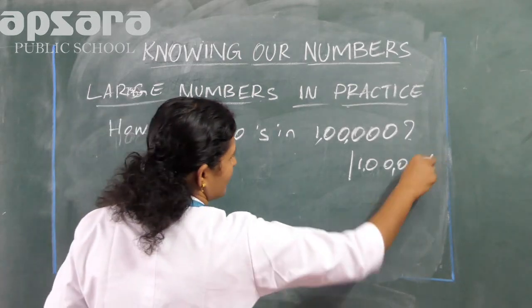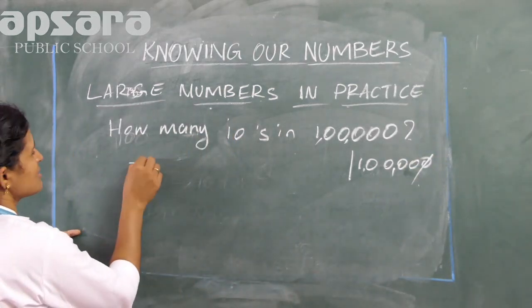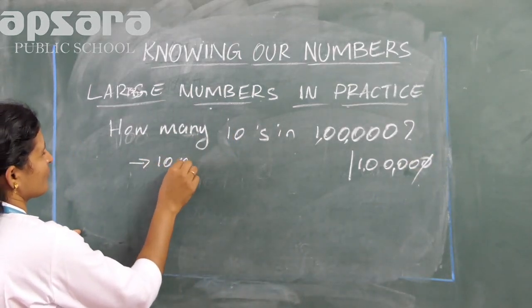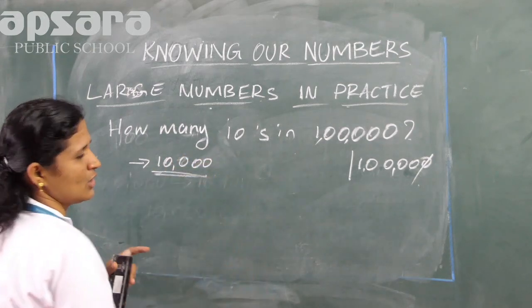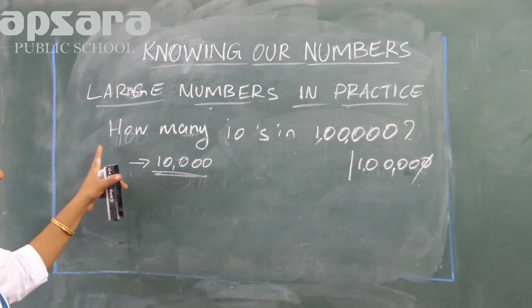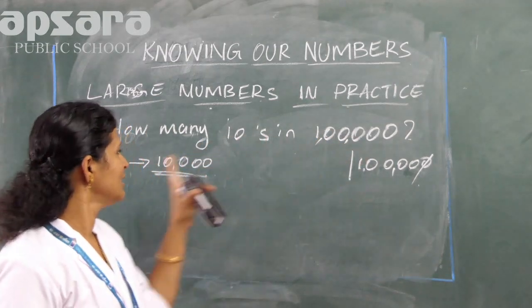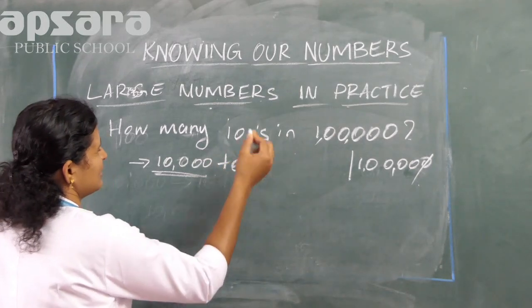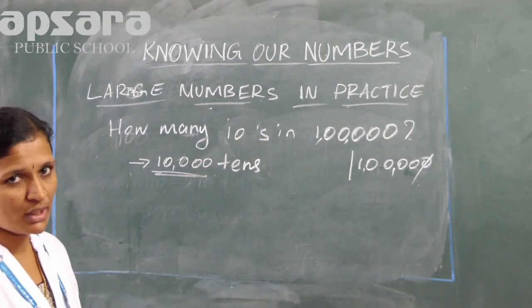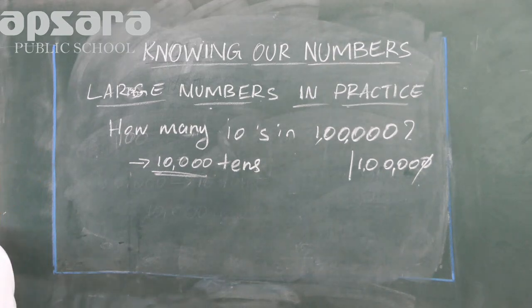Okay, then cancel that 1 zero. So your answer is 10,000. Is that clear? So how many tens in 1 lakh? 10,000 tens. Okay, let us take one more example.